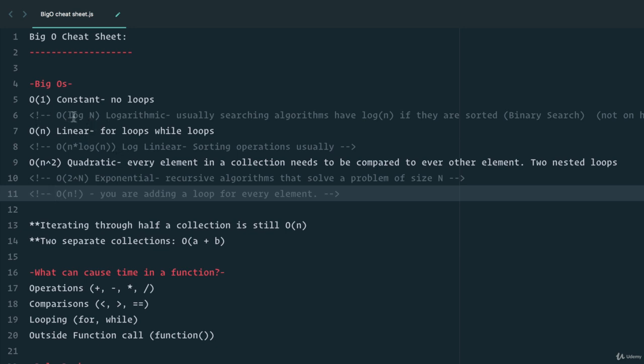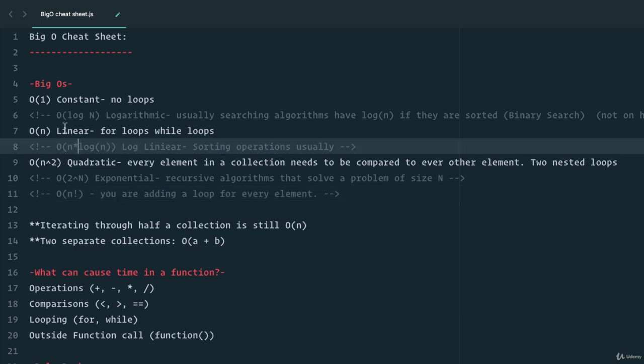Such as O(log n) is used a lot when it comes to searching algorithms. Or O(n log n) is used a lot when it comes to sorting algorithms. And something like O(2^n) comes into play when we talk about recursive algorithms. So again, don't get overwhelmed. We've talked about these three major ones, and we're going to come back to the rest throughout the course.